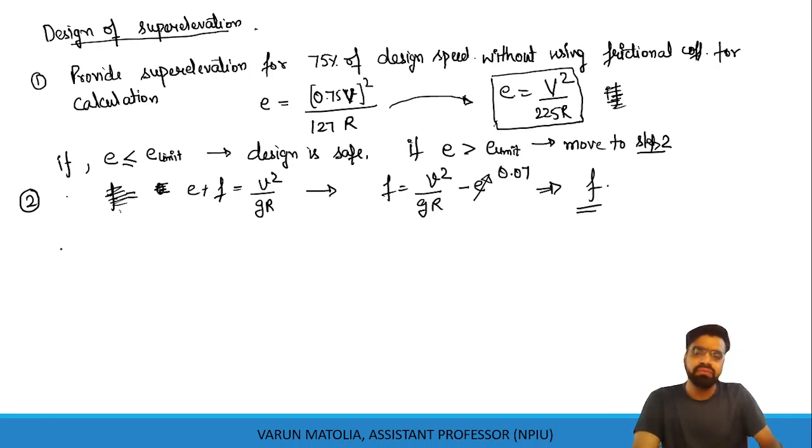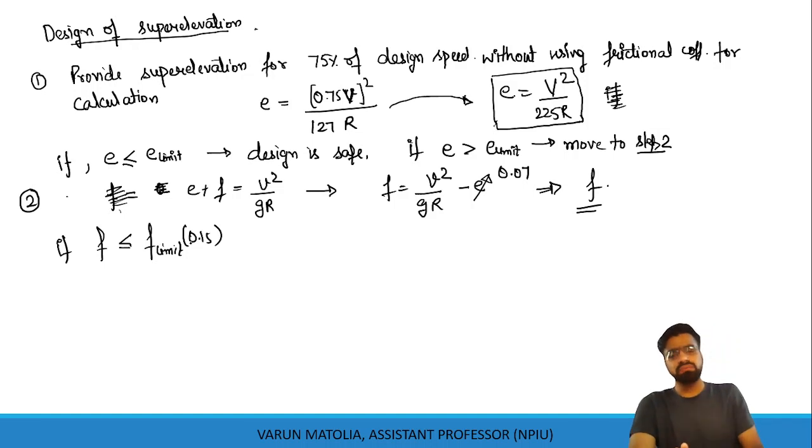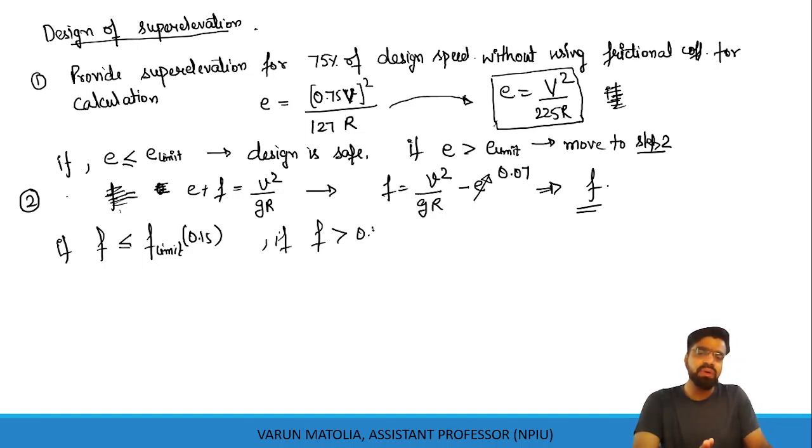And now this F, if this frictional coefficient is less than limiting frictional coefficient, that is 0.15, then the design is safe. काम चल जाएगा, कोई प्रॉब्लम नहीं. But if F is greater than 0.15, we have to change the speed, because we cannot exceed these values beyond a particular limit.